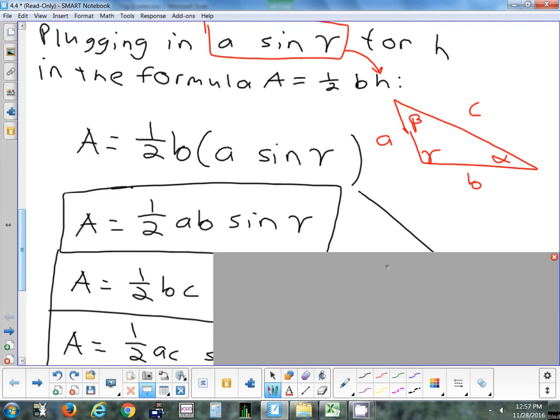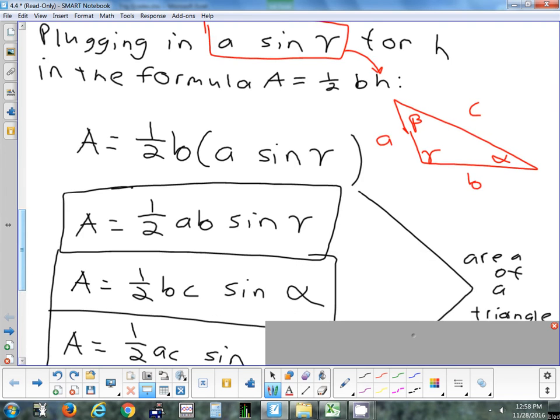So if I gave you that version, area equals 1/2 B times C, what angle do you think I would use here? The fish. And what's the name of that one? Alpha. B and C are your sides, and the fish is the angle between them.